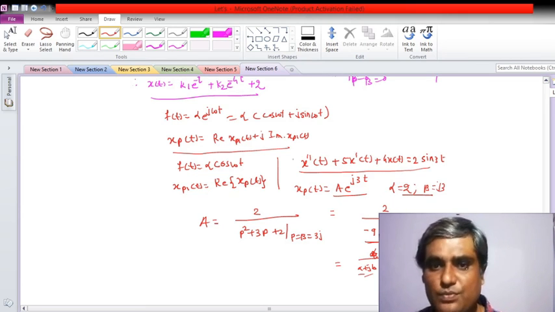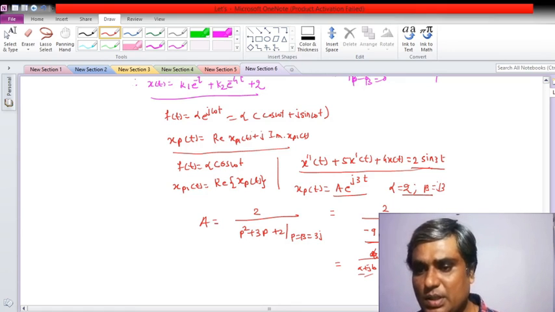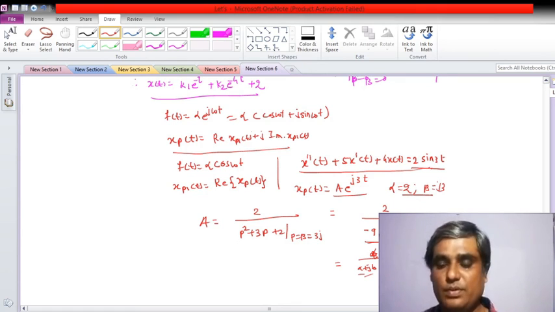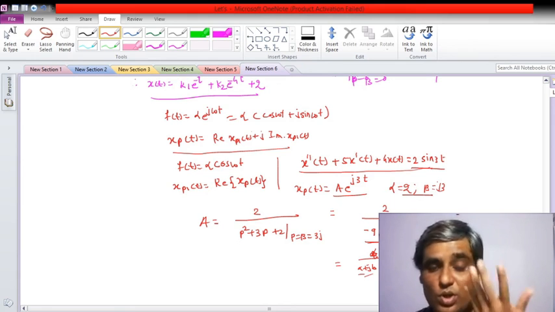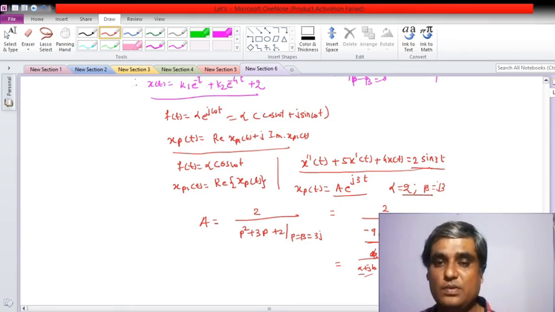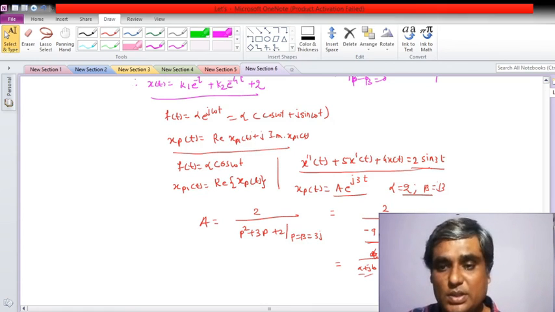From that, if the forcing function is alpha sin omega t, or 2 sin 3t, take the imaginary part, that is the sine part. If the forcing function is cosine, then you take the real part from this representation. This way, for solving ordinary differential equations, homogeneous or non-homogeneous, this much information is enough for us to solve the circuits.